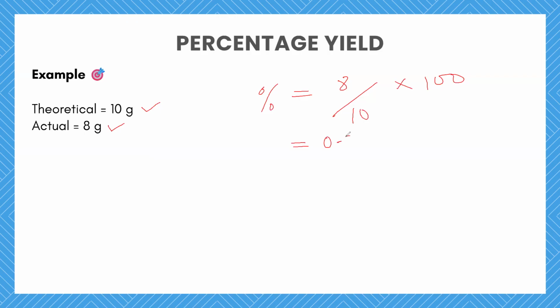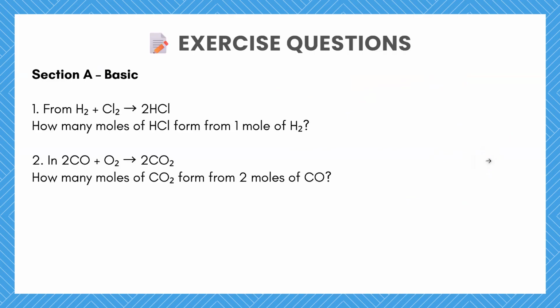So this is equal to 0.8 times 100. This is 80%. What this means is that the reaction is 80% efficient. That is the essence of this concept, the percentage yield of a chemical reaction.